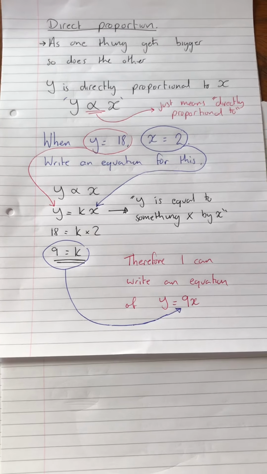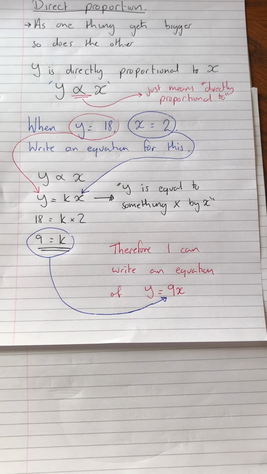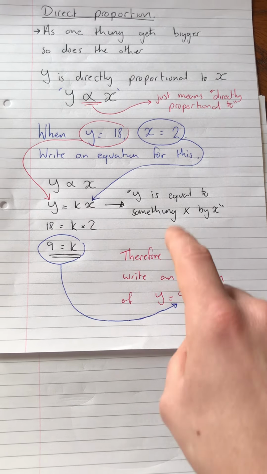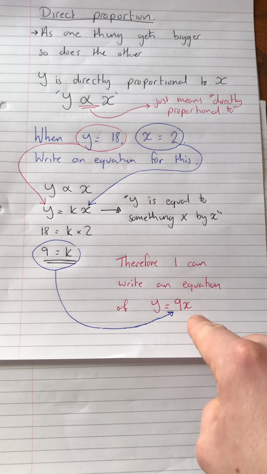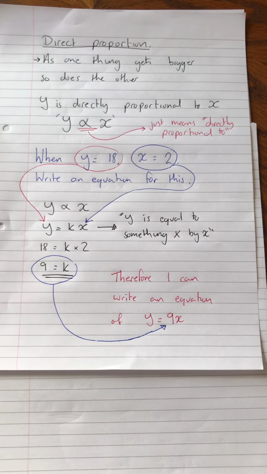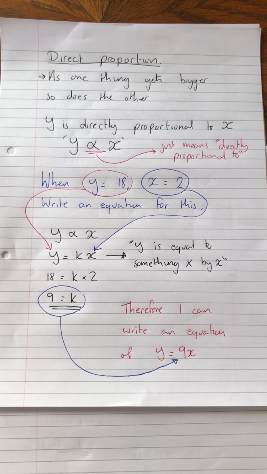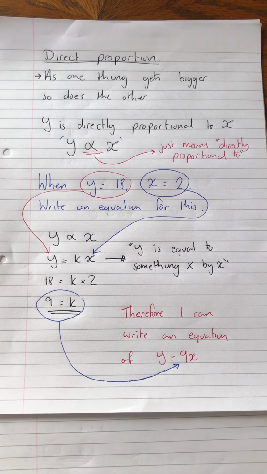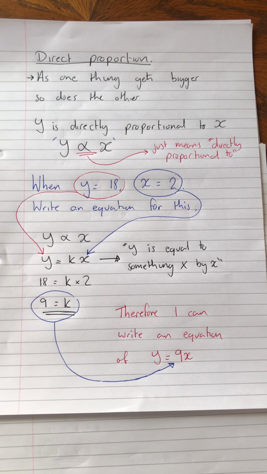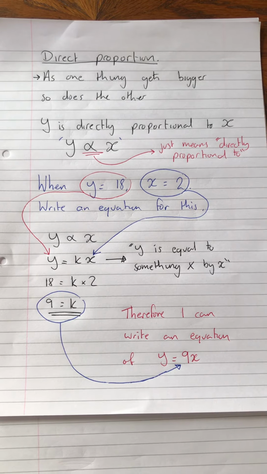And that equation is y is equal to 9x. If x is 2, 9x is 18, and that is what y is, okay? So that is how you would write an equation showing the direct proportion between two variables. I'm just going to leave that there for a few more seconds.